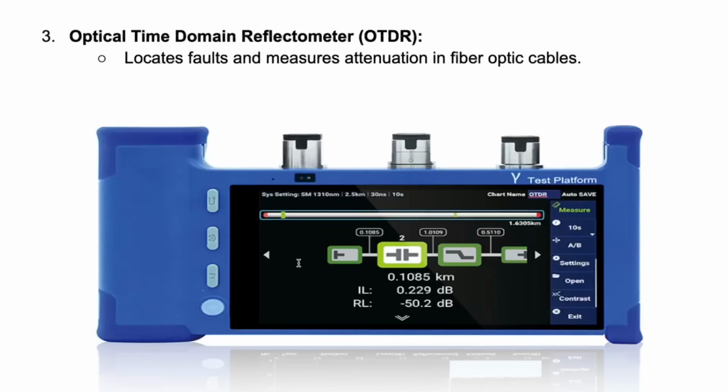This looks like a futuristic device. But basically it does the same thing as the device we just saw, except instead of looking at copper wires, this looks at faults and attenuation for fiber optic cable. So the optical time domain reflectometer.